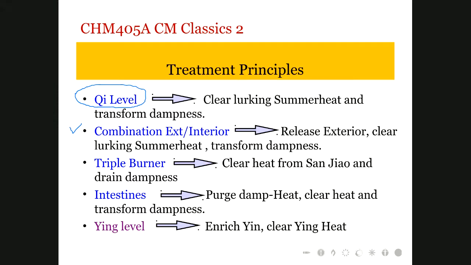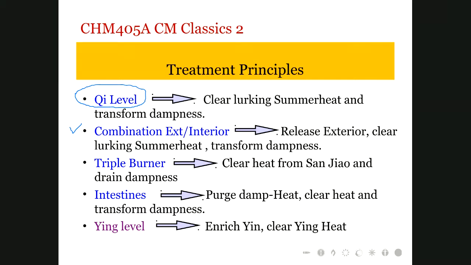So these are two basic ones, as I was talking about: how to resolve the heat and damp in the Qi level, and how to resolve the external pathogen with internal heat and damp in the Qi level simultaneously. But if the damp is dominant, or damp and heat are equal in ratio, we use the Sanjiao identification.